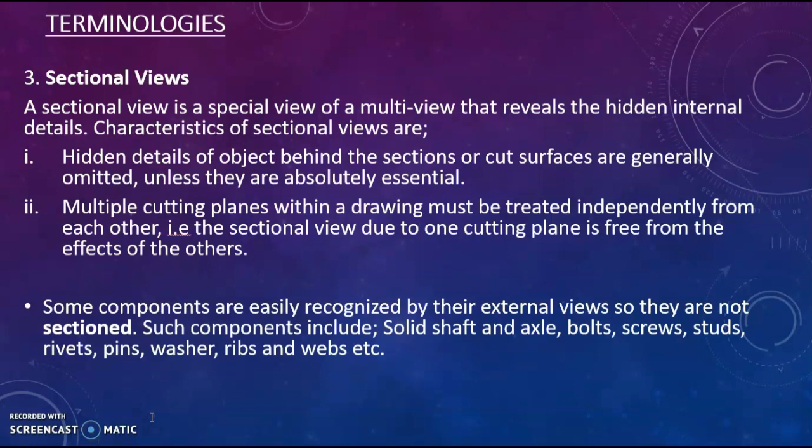So one characteristic of this sectional view is that we have to make sure the sectional view of one does not affect the sectional view of the other. This is what we mean by when there are multiple cutting planes, we have to treat them independently from the others.